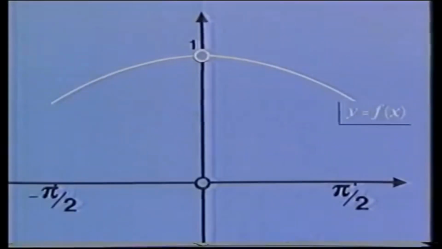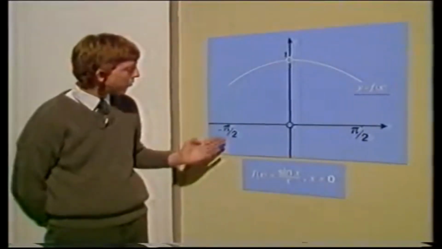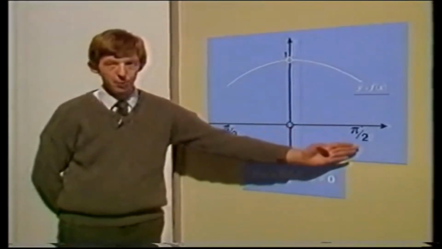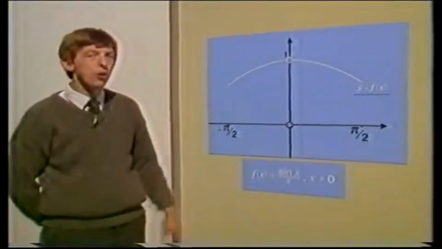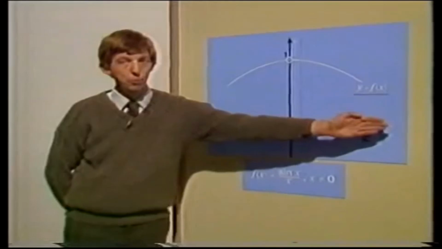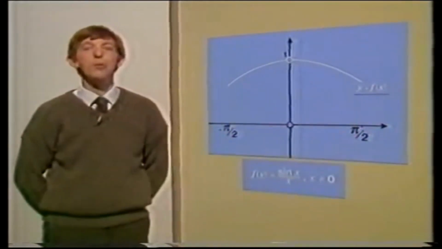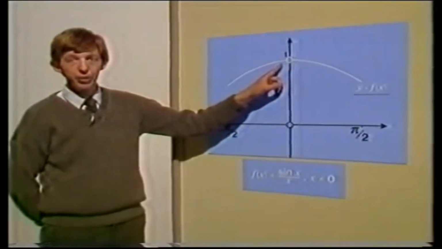This is the graph y equals sine x over x, drawn between minus pi by 2 and plus pi by 2. In fact, the domain of that function is the whole real line, except for the value 0. The curve goes on to intersect the x-axis at minus pi and at plus pi. But for values of x near 0, sine x over x gets close to 1.